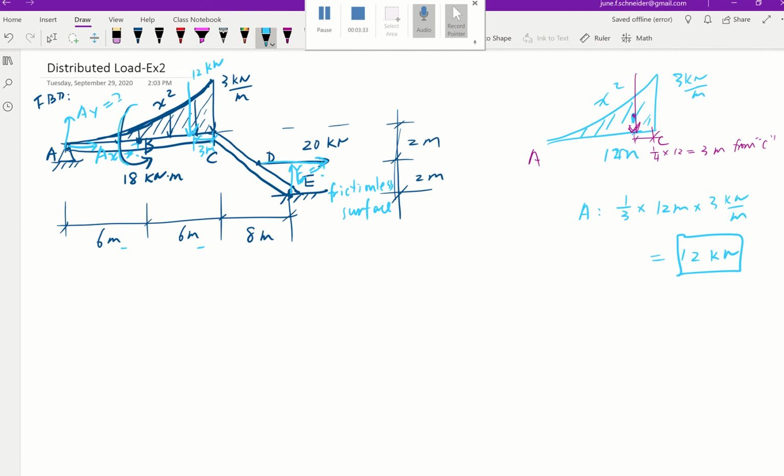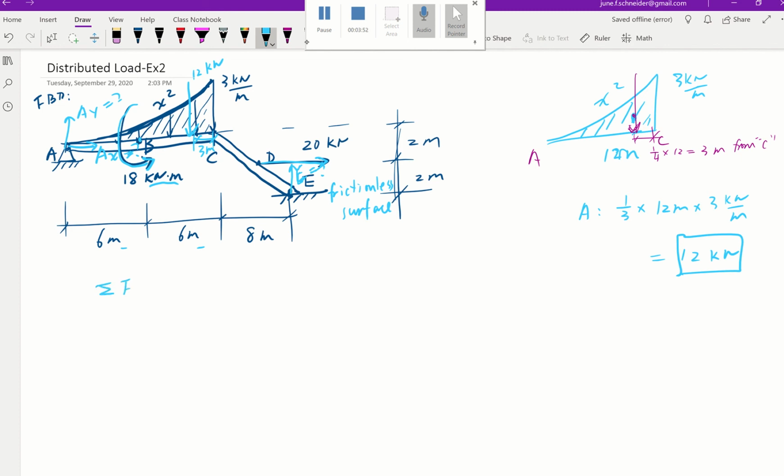We still have this external moment at B with 18 kilonewton meter. That's the moment unit. So knowing that, I think we're ready to construct our equilibrium equations.